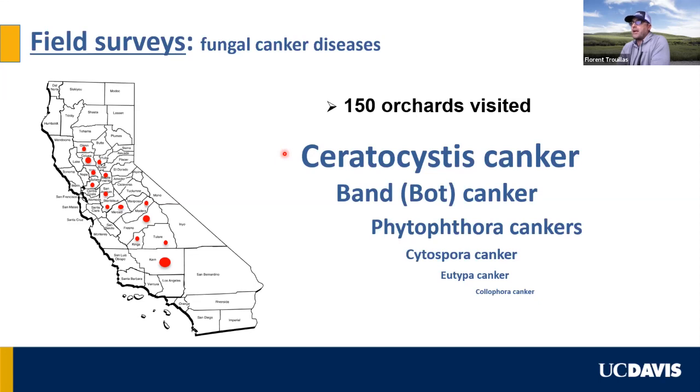And then finally, more sporadically, and more in the northern part of the state, in the Sacramento Valley, we are finding things like Cytospora canker, another important pathogen of stone fruit in general, cherries and plums. We also see things like Eutypa canker from Merced and north, where we may find things that are related to Eutypa.